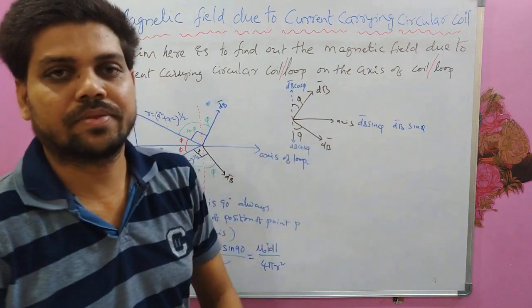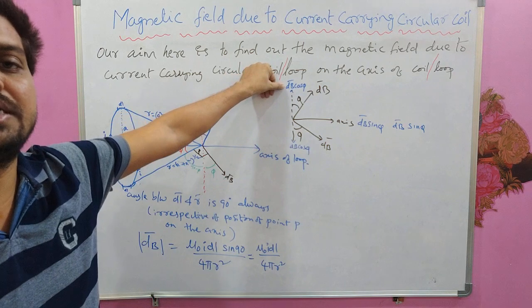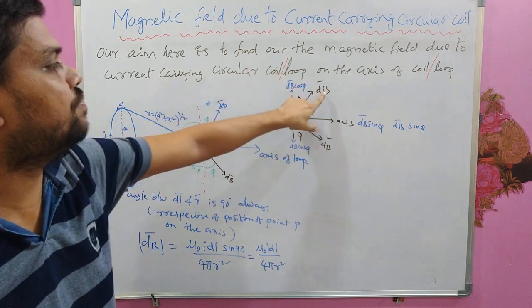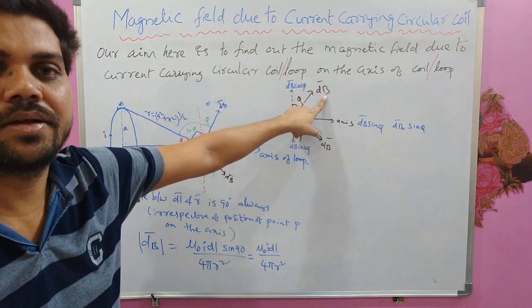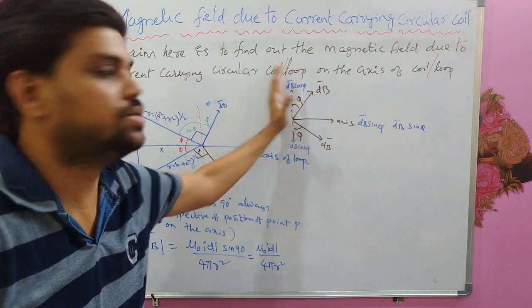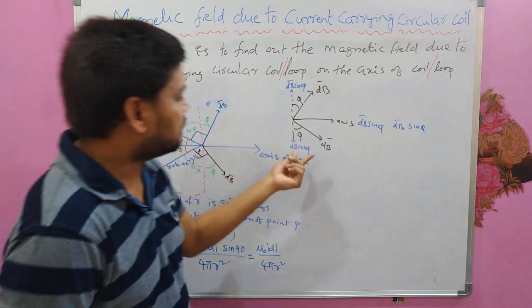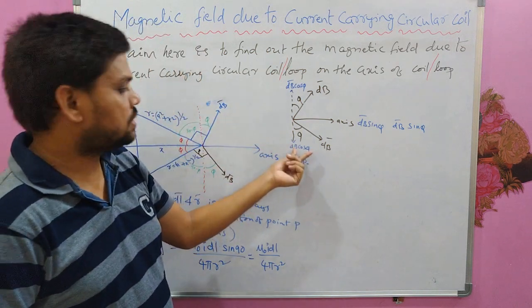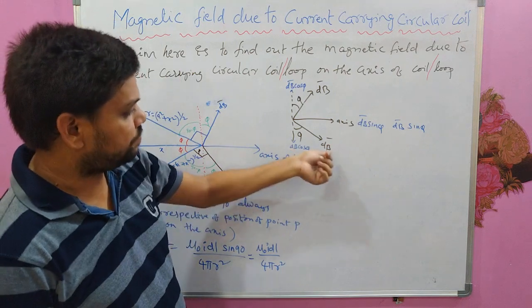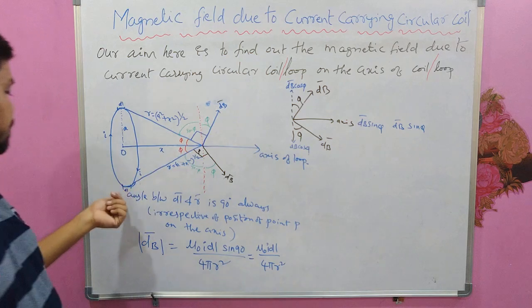For this, so what is this dB cos phi? This dB cos phi is the component of the dB in this direction due to this element dl. And what is this dB cos phi? This dB cos phi is the component of this dB in this direction due to this element.